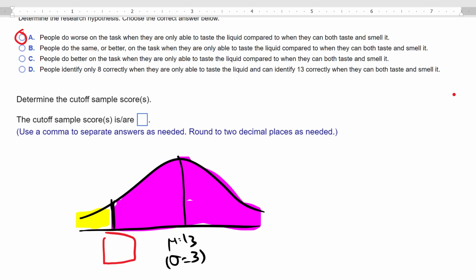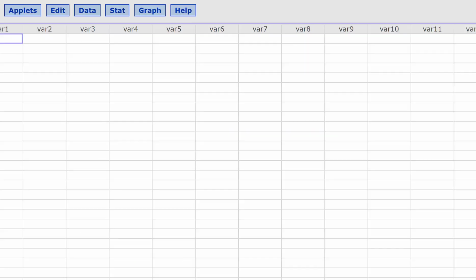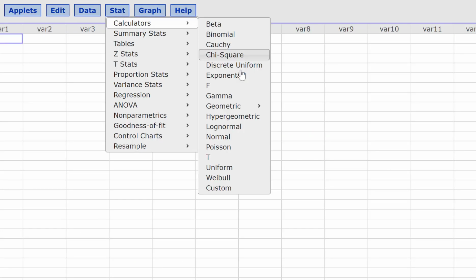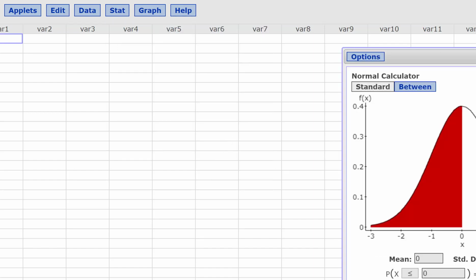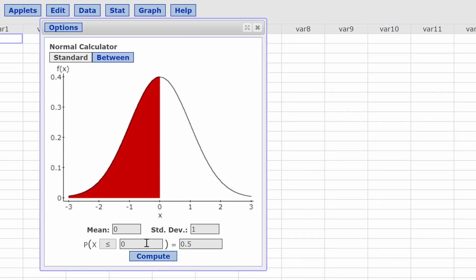So let's turn to the applet in StatCrunch. We're going to go to Stat, Calculators, and go down to Normal. Leave mean 0, standard deviation of 1. When they say cut scores, they mean on the standard normal curve.